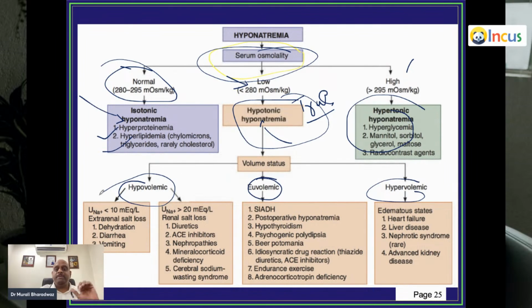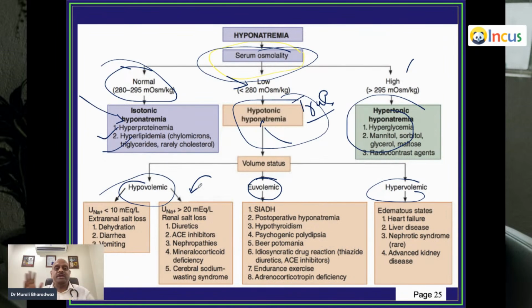Whenever hypotonic hyponatremia is there, look whether he is euvolemic, hypervolemic, or hypovolemic. If he is hypovolemic and true hyponatremia is there, look at why he is having hyponatremia. If the urine sodium is more than 20, what is the cause? Diuretics, ACE inhibitors, nephropathies, mineralocorticoid deficiency, cerebral salt wasting syndrome, they all lead to urinary sodium more than 20 and land the patient in hypovolemic hyponatremia.